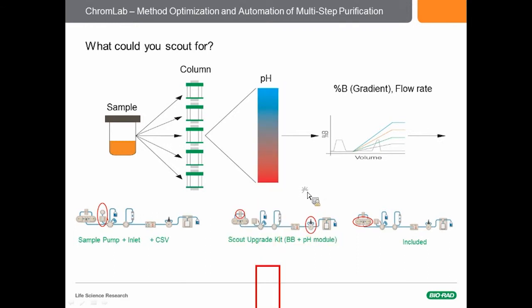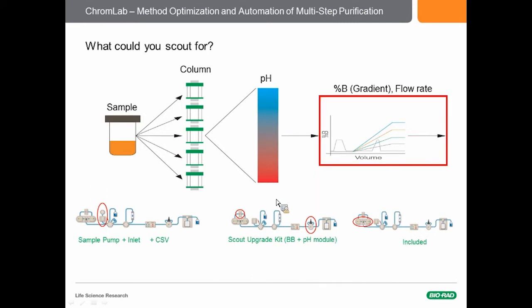And no additional modules are required when scouting for ideal flow rate, %B, or duration of each step. Now keep in mind, the modular and flexible design of the NGC makes it very easy to upgrade your system to meet your specific application needs.